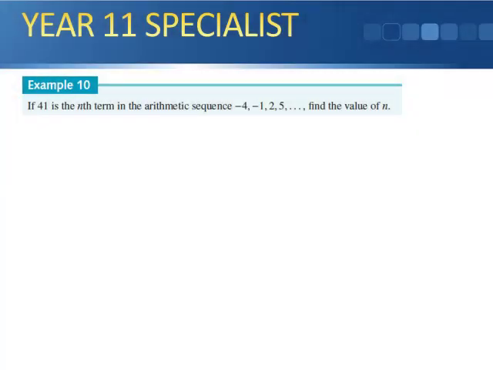Example 10. If 41 is the nth term in the arithmetic sequence, find the value of n. So we know our a equals -4, our D still equals 3 because it's the same as example 9. We know that T of n equals a plus (n minus 1)d, and this equals 41 because they tell us that.